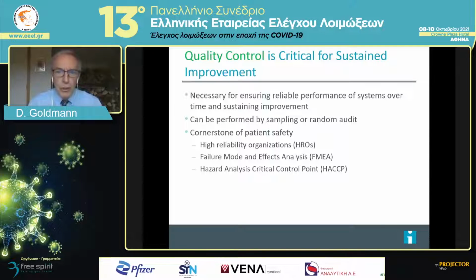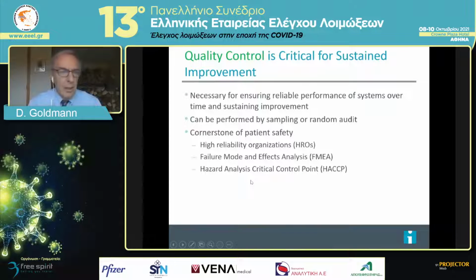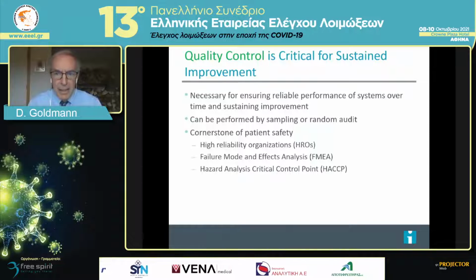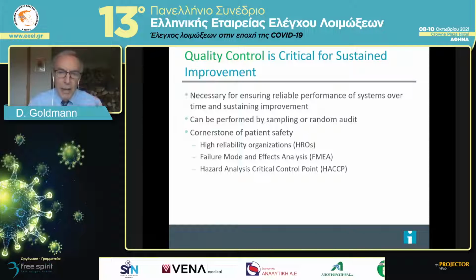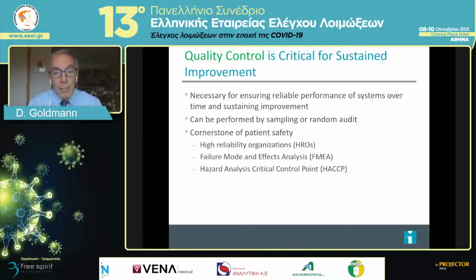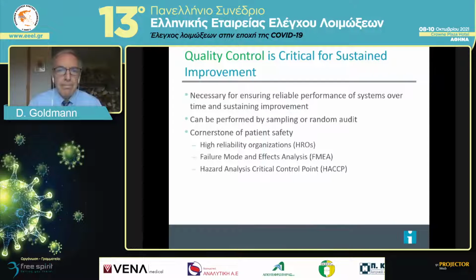It's really the cornerstone of patient safety in particular. I'm not going to go into these three bullets here. I hope that you're all familiar with these patient safety techniques that basically try to make a reliable system free of defects, free of mistakes over time, so that the outcomes will stay the way you want them to stay.